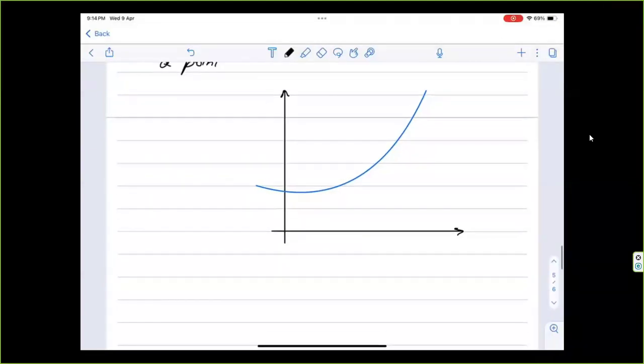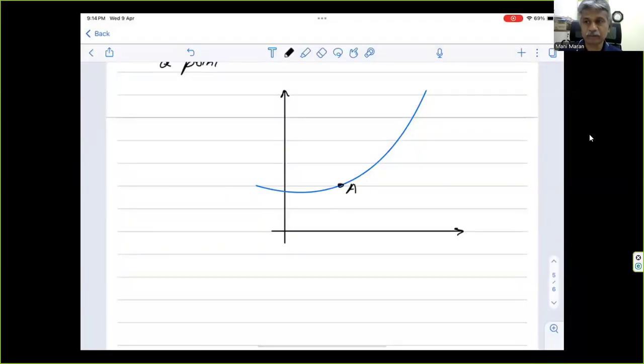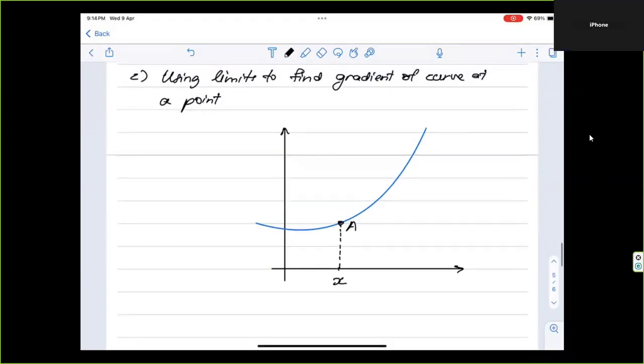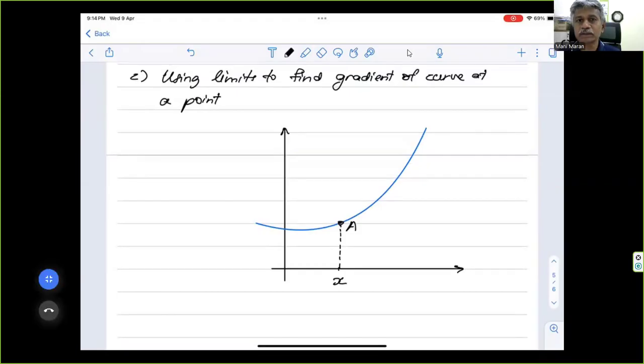Next, we label a point A here, so that this point is located at a distance x.